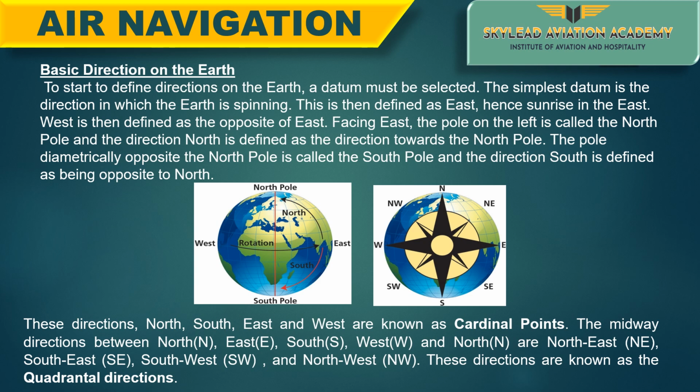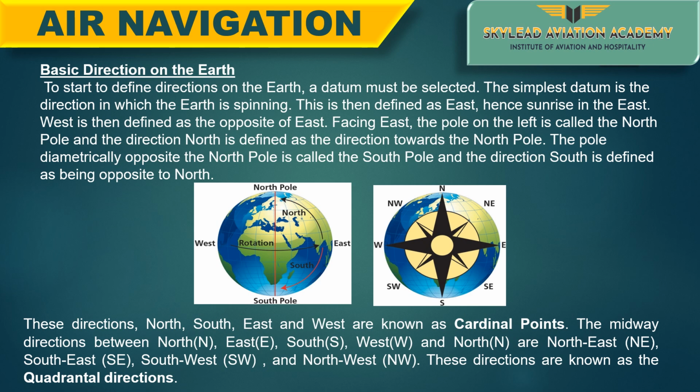So guys, in this slide you can see the red line which is from north pole to south pole, and we are showing the rotation of the earth is from west to east. So the rotation is to the east, and you can also see the red arrow which is going towards south and north. So we will explain what that is.